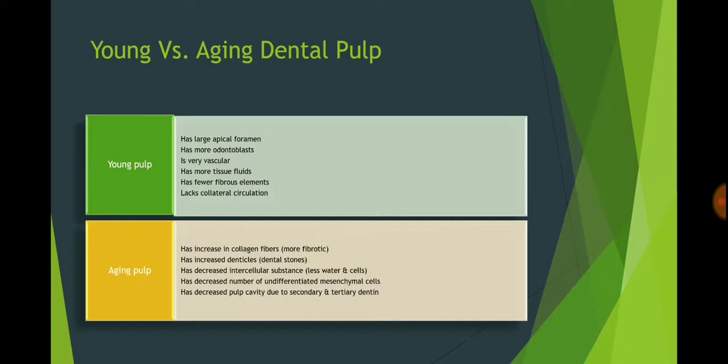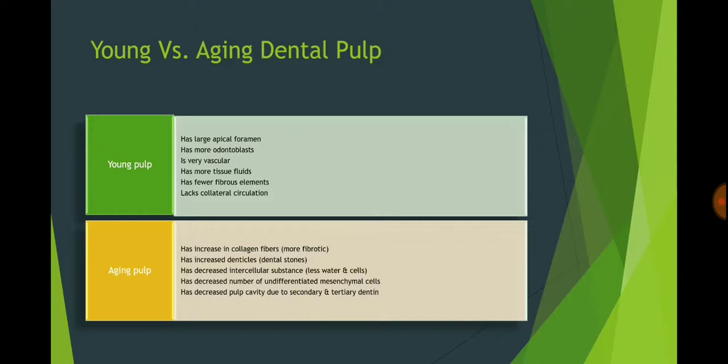So it has fewer cells and less water. Aging pulp has a decreased number of undifferentiated mesenchymal cells, meaning the regeneration capability is less compared to the young pulp. The aging pulp also has a decreased pulp cavity due to secondary and tertiary dentin.